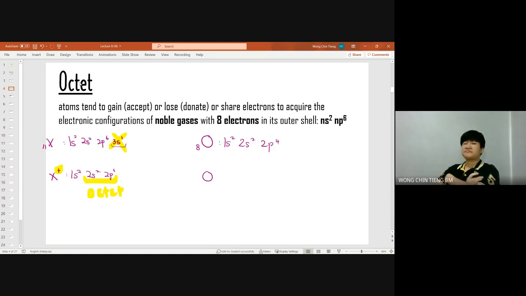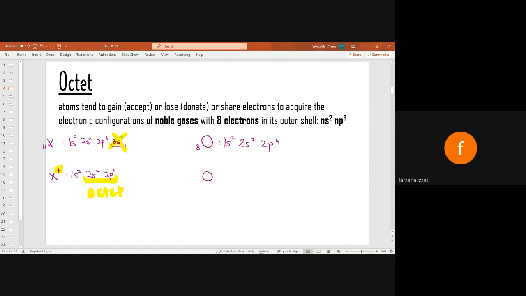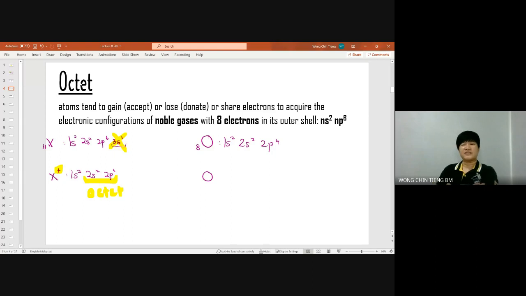We'll wait. Simple question. Tak apa, nanti saya bagi tahu Cik Jadilah. Weh, Fazana tak boleh buat. Oxygen 1s2, 2s2, 2p6 jadi ion apa pun tak tahu.